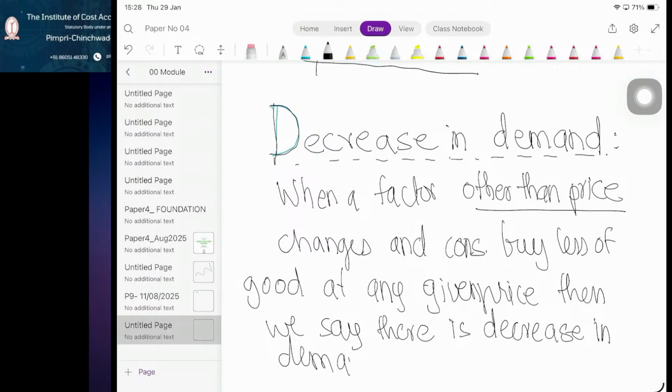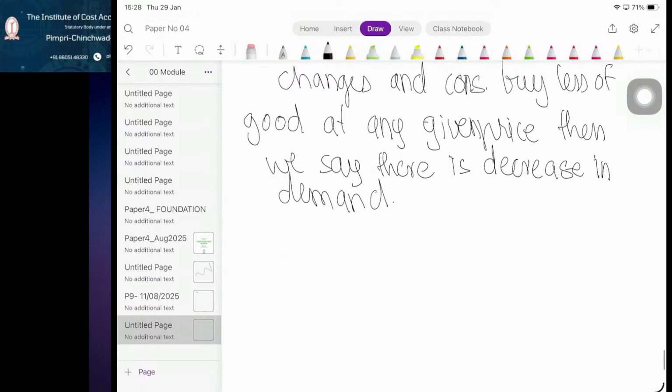Okay, did you write something like this? And the diagram would have been something like this.